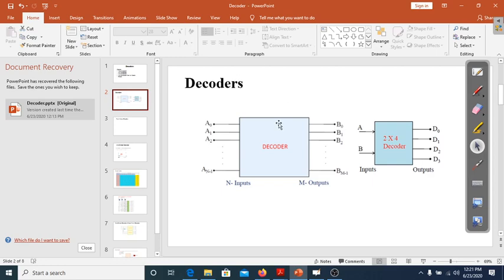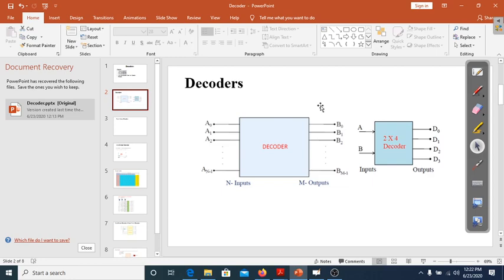Okay, in this figure here the input lines are the binary information. So this decoder will convert the n input to the m output, and these are the outputs. So if we have n binary bits, then the decoder will represent 2 raised to power n discrete elements.